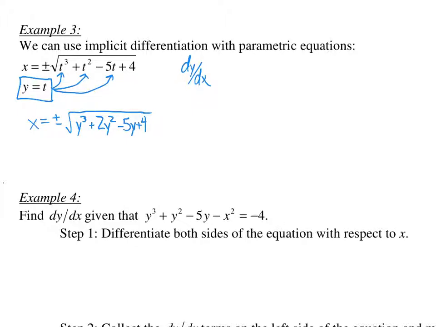if I do that on the left side, if I take the derivative with respect to x, I get 1. Over here, I'm going to get plus or minus, I've got to use the chain rule. So it's going to be 1/2 times y cubed plus 2y squared minus 5y plus 4 to the negative 1/2 power times the derivative of the inside.